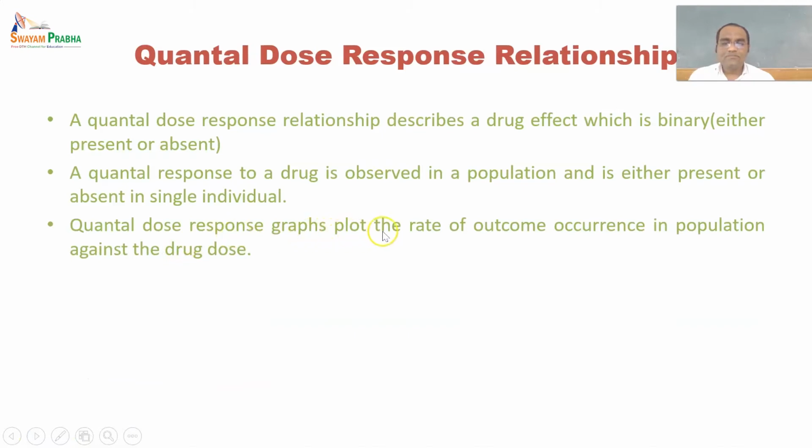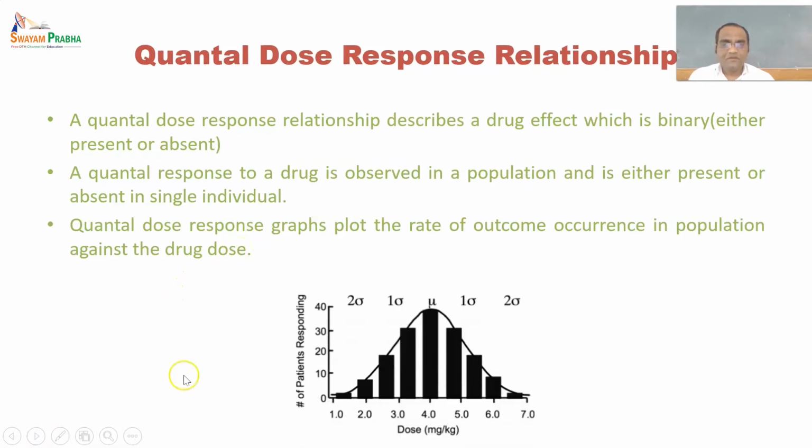Quantal dose response graphs plot the rate of outcome occurrence in a population against the drug dose. So here you can see a standard deviation. This is a Gaussian plot, or Gaussian curve, of the percentage of number of patients responding.